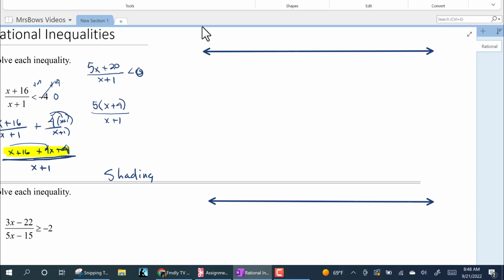So essentially, with rational inequalities, the graphs might look something like this, or the graphs might look something like this, or maybe they're down here, right? What this is asking is, where on this graph will the values be less than 0?